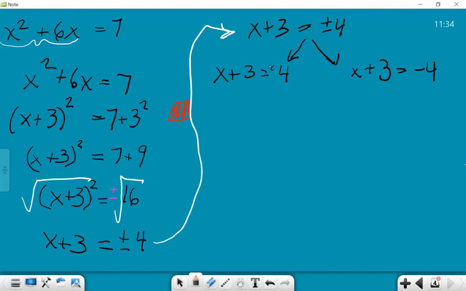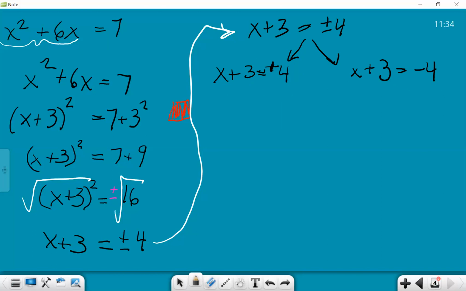So we have our plus and our minus. Okay, x plus 3 equals positive 4, and x plus 3 equals negative 4.